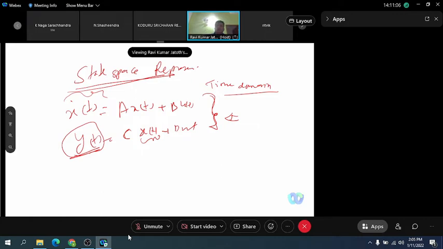So in chapter number 5, we are going to represent the system in state space representation form. And we have to know, the moment you give input, what output you have to get. So now let us take an RLC system. Now you are applying a voltage V of t.